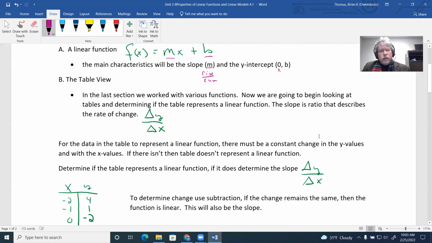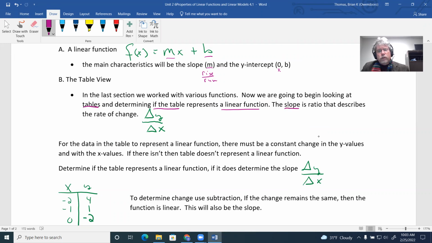That's what we're going to look at a little bit today. Like I said, in the last section, we worked with various functions, but really we're just going to look at tables today. And we're going to determine if the table actually represents a linear function. One of the keys is when you look at a table, we're looking for if the slope exists.